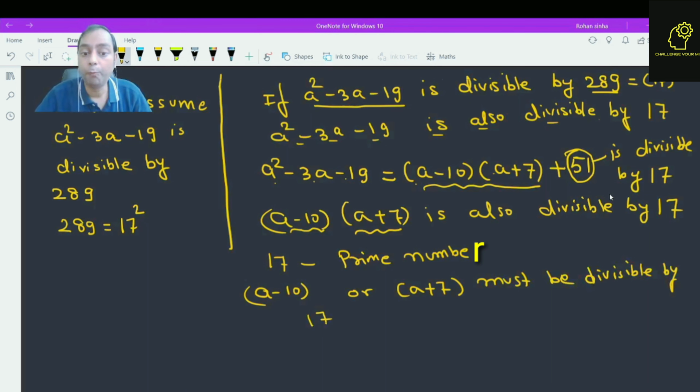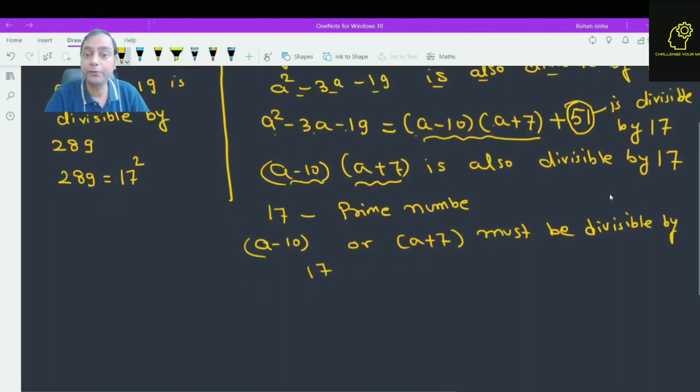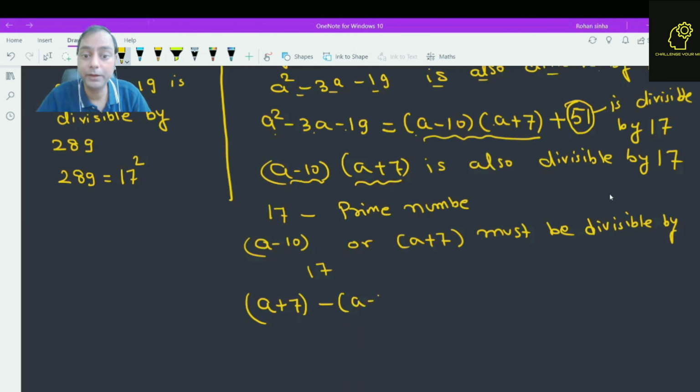But what is the difference of a minus 10 and a plus 7? The difference of a plus 7 minus a minus 10 is 17. So what does it mean?